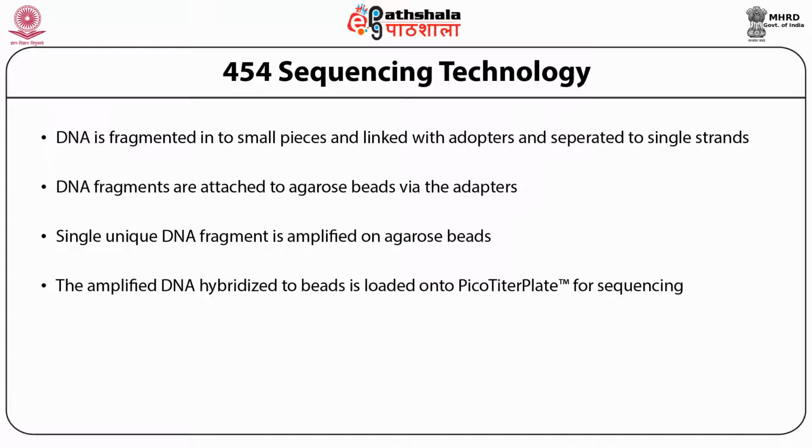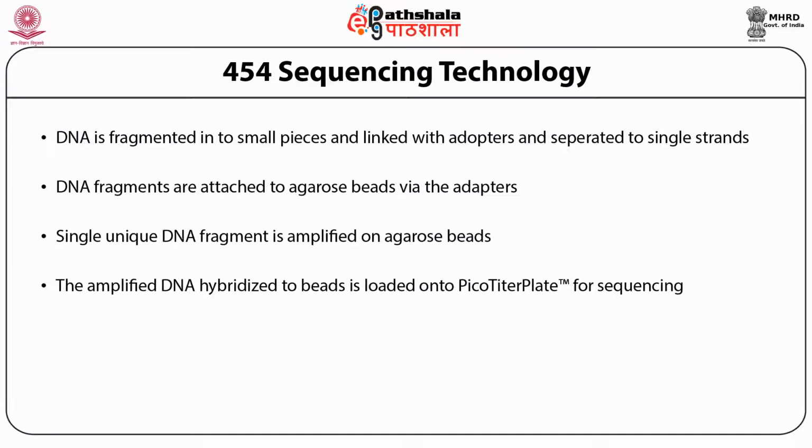In the first step, library preparation, the double-stranded DNA is fragmented into small pieces of about 400 to 600 base pairs in size. The DNA fragments are linked to adapters and then separated into single strands. Thus, the DNA library consists of randomly fragmented single-stranded templates attached to oligonucleotide adapters.